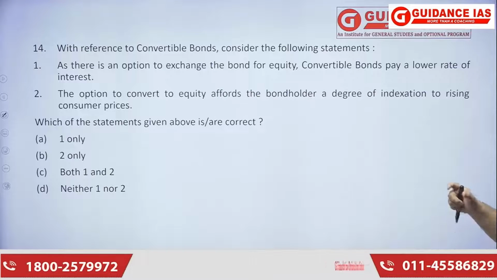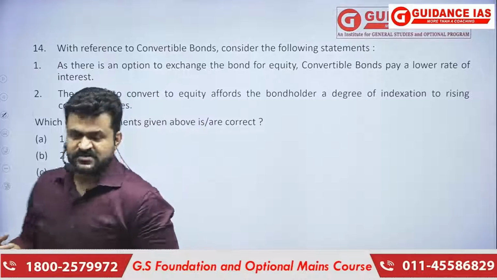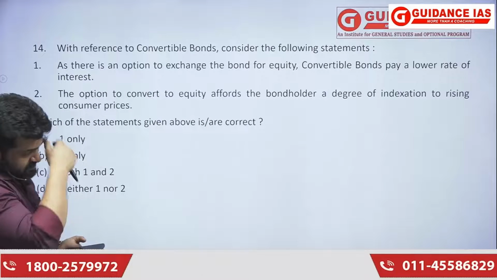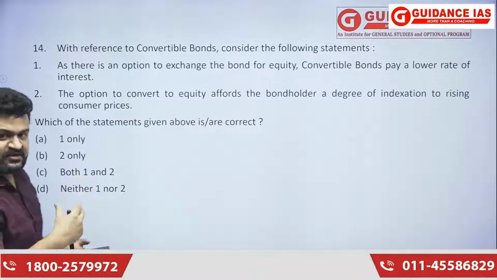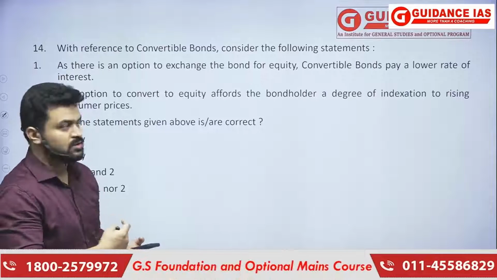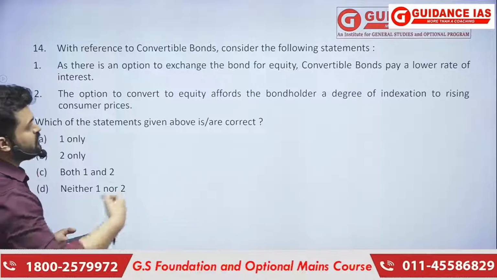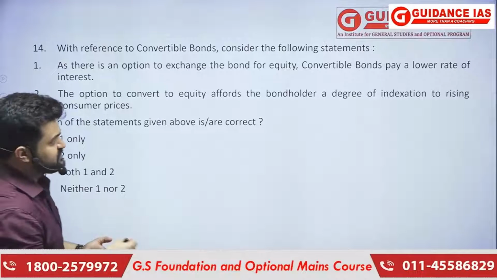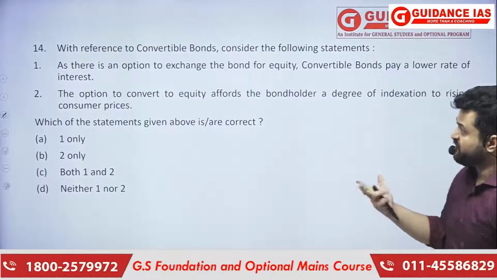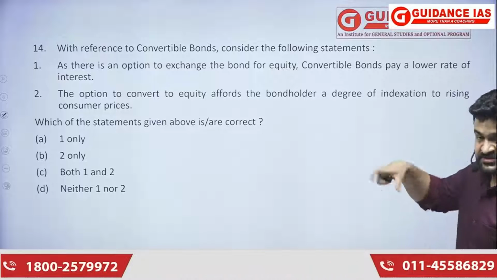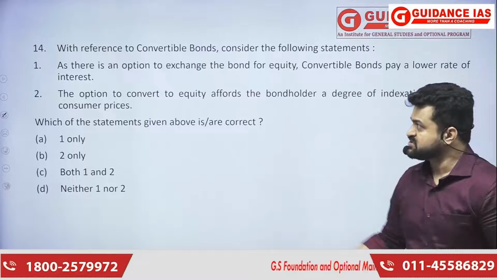So they are kind of hybrid security instruments which offer the best of both bond as well as stock. Okay, they can be converted into stock, and if they are bonds, they are going to earn a fixed income, fixed interest rate, or fixed yield. But they can also be converted into stock.